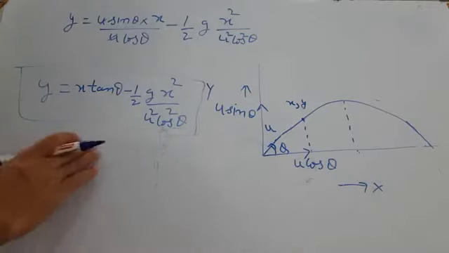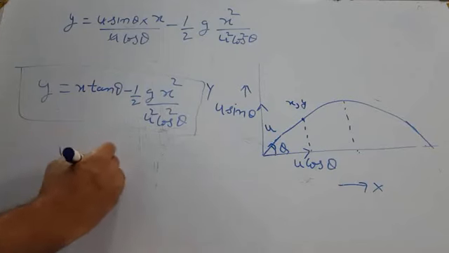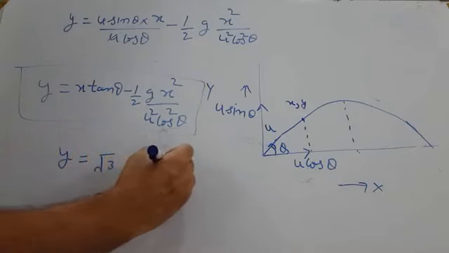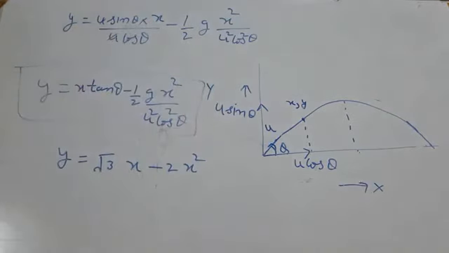Suppose I say y is equal to under root 3 x minus 2x square. Suppose it is the equation of the projectile. So this equation has complete information about this projectile motion.